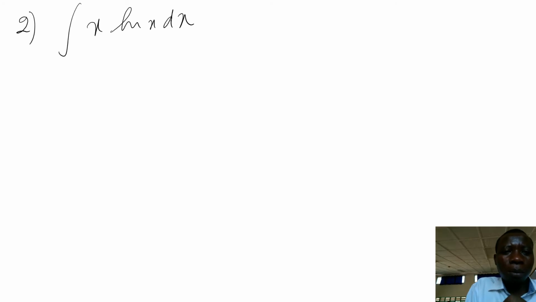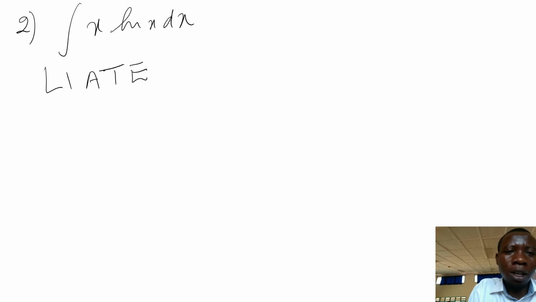So in this example, as you can see, I have a product of a polynomial and a logarithmic function. And in the word react, let's check which letter comes first. L, which stands for logarithmic, comes before A, which stands for algebraic or a polynomial function.